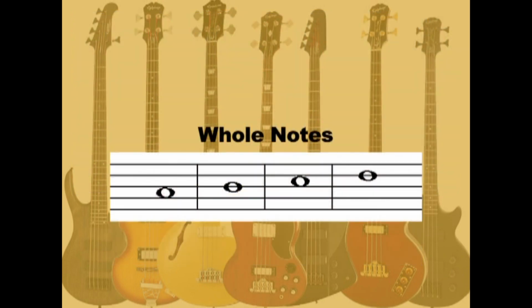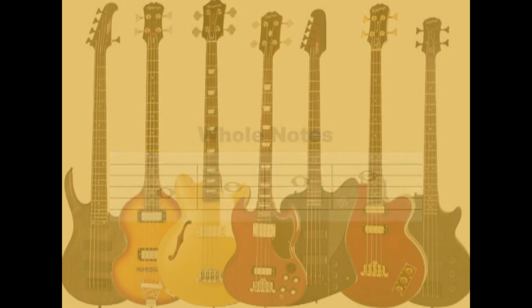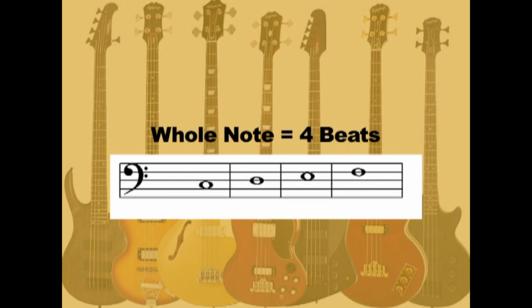The note value for each note is a whole note. A whole note is played and held for a duration of 4 beats. Our tempo will determine how fast or how slow we will count each beat.